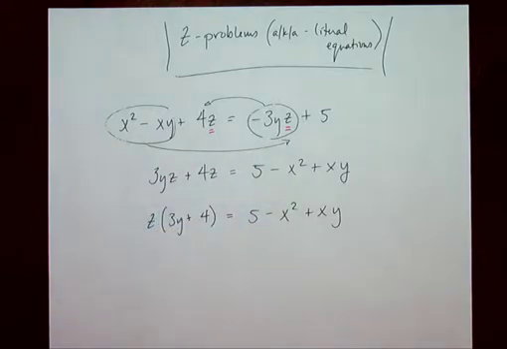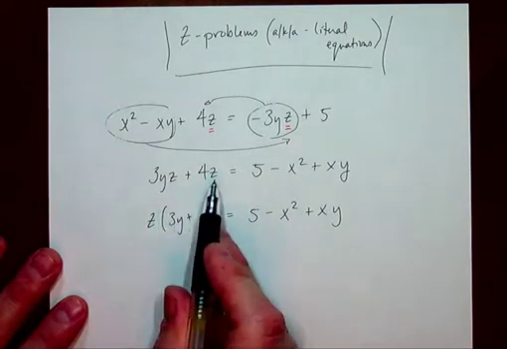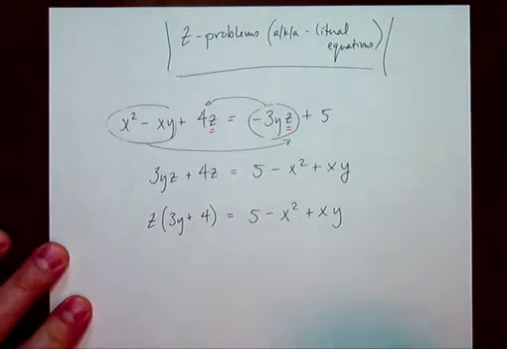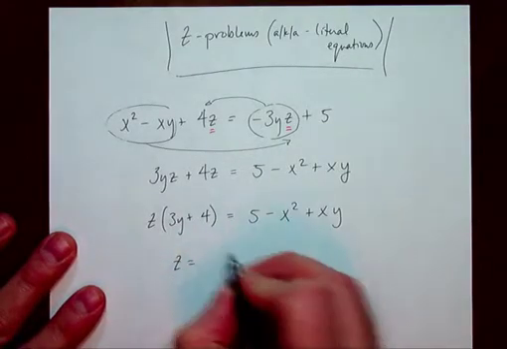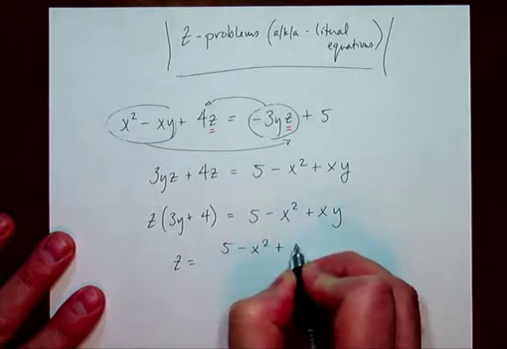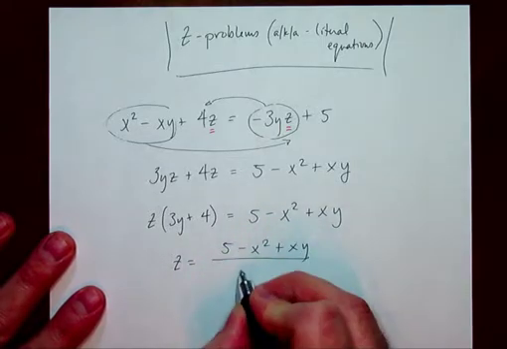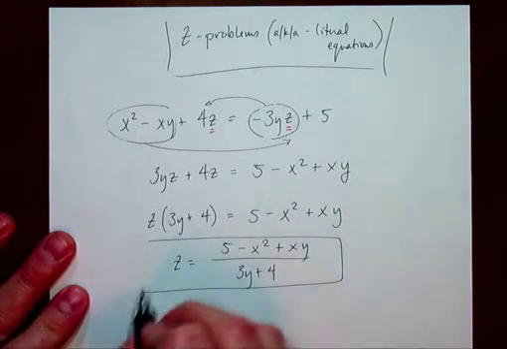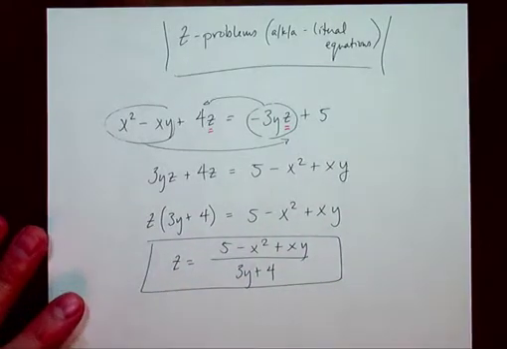But from here, if I factor it out, I now have a single z as a factor of this left side. And in order to isolate it, I simply have to divide by what it's being multiplied by. And there you go. And that's it, okay?